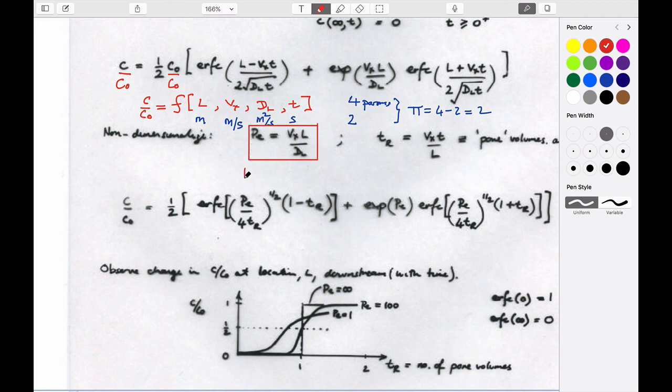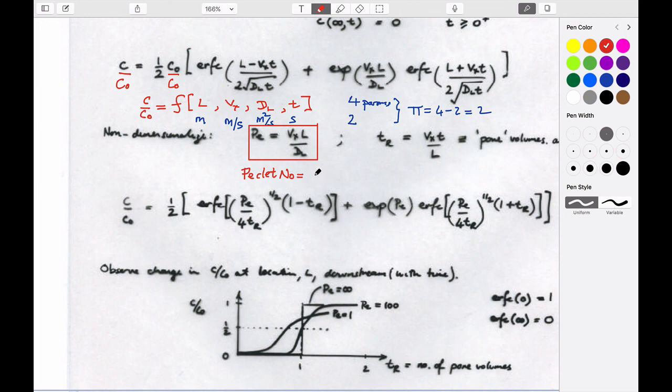This is called the Peclet number. French, Peclet number. And it is the ratio, like the Reynolds number is the ratio of inertial to viscous forces.